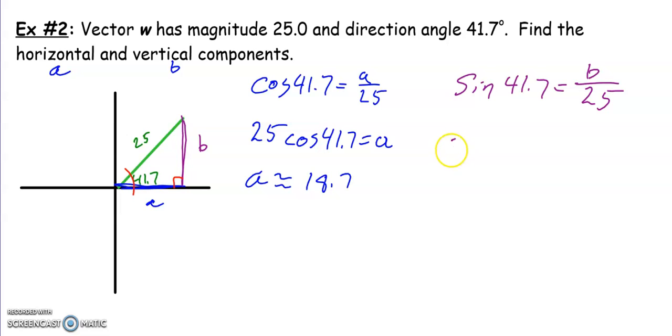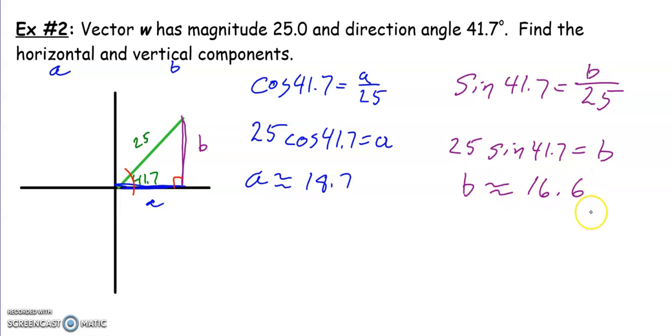Again, multiply both sides by 25 to get B by itself. And that's going to be B. Plug all of this on the left side of the equation into my calculator, and we're going to find out that B is about 16.6 up. All right? So that's not so bad.